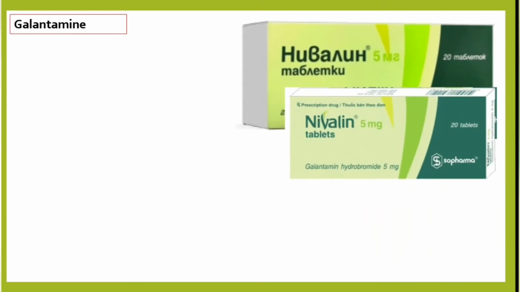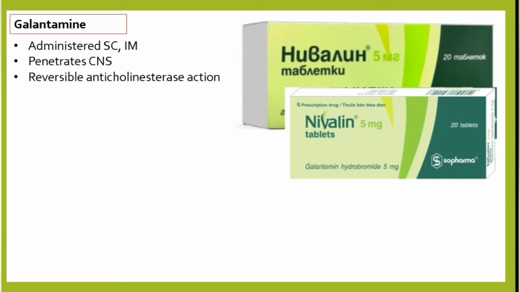The next drug is galantamine, right? So it's also called Nivalin. This drug is administered subcutaneously, intramuscularly, or even orally, right? It has the ability to penetrate the central nervous system, and it is a reversible anticholinesterase action.